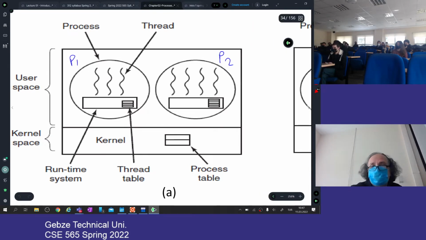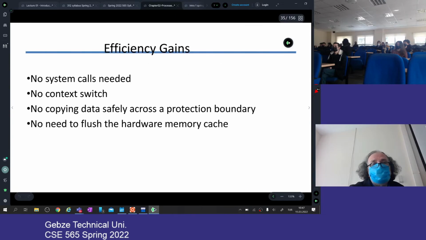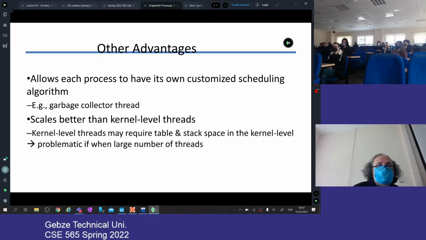For another process, it might say, okay, I'm going to use another scheduling algorithm I just invented. Since these are all my libraries, I am not asking anything from the kernel. I can do whatever I want with my threads. So specialized thread scheduling algorithms are possible with the user level implementation of threads.